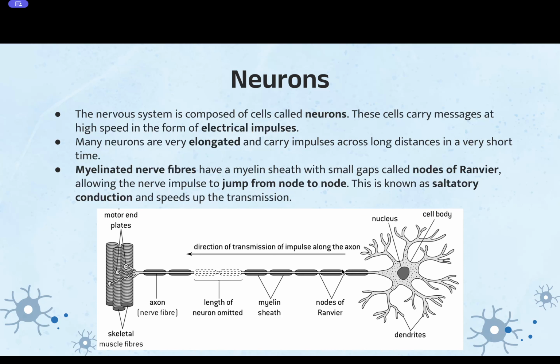And that happens because of the nodes between each section of the sheath, and those spaces where the sheath does not cover the fiber are the nodes of Ranvier.